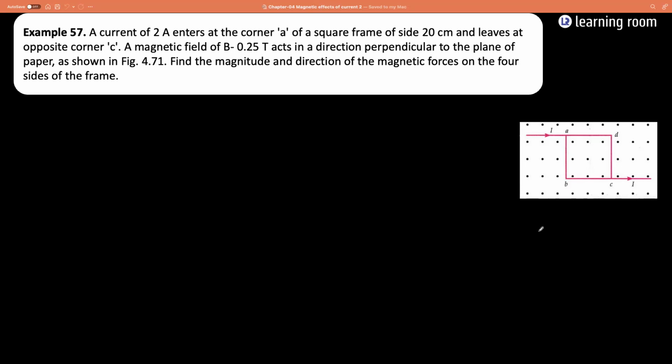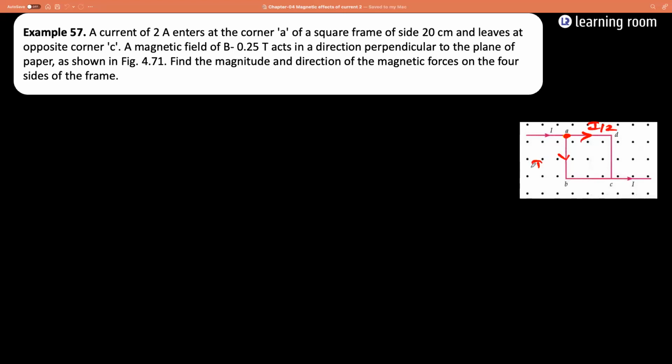Sir, I have a doubt. Here, since the current is in the same direction, will the length change? First of all, when the current is entering here at point A, what will happen? It will divide into 2 equal parts, of how much value?